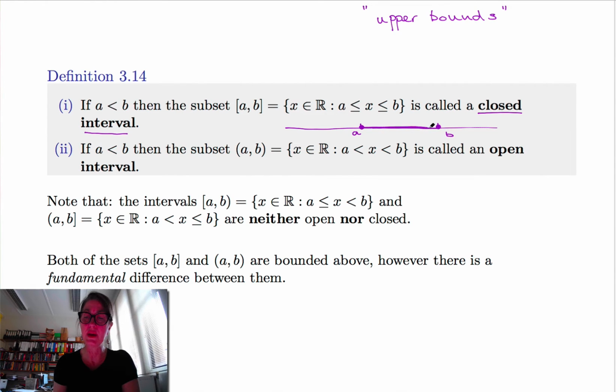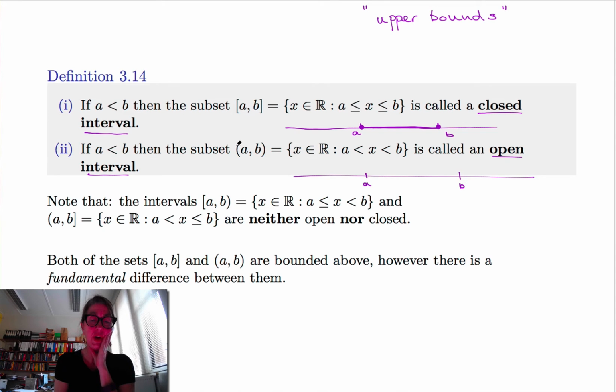So you'll probably have seen that at school, and you might have even drawn a picture like that. In the same setup, we have something called an open interval. The difference here is that we've got our point a and we've got our point b.